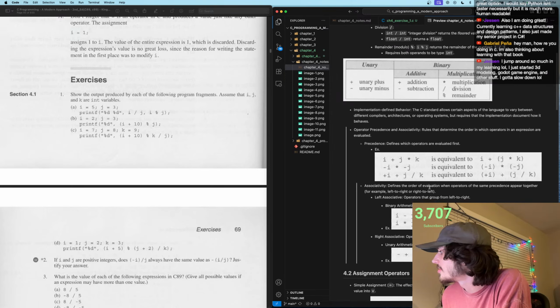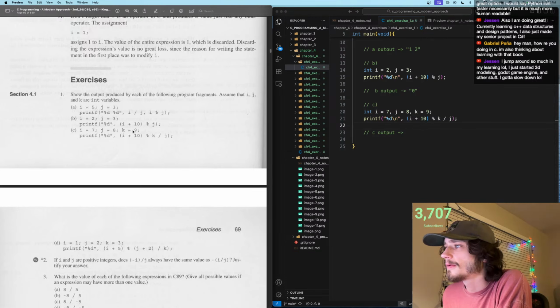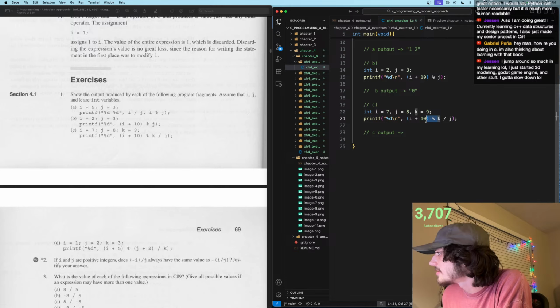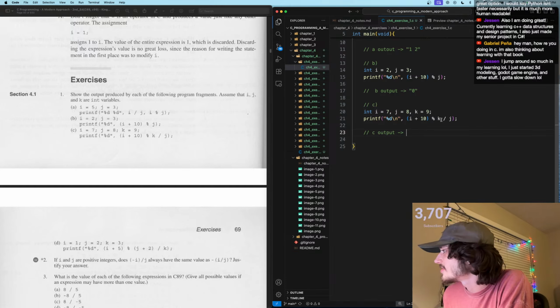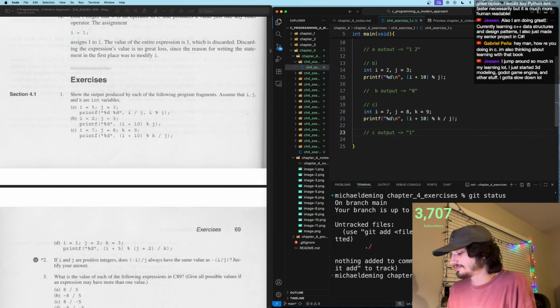So this one would happen. So my guess is it would go 17 modulo by k, which is 9. So that would be 9 goes into 17 once with a remainder of 8 divided by 8. So I'd say this is 1. That's my guess. Let's go ahead and find out.